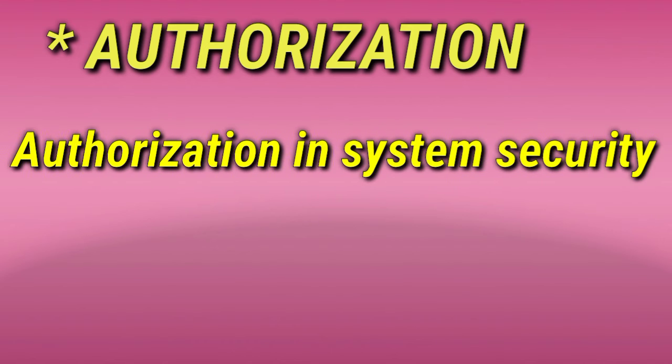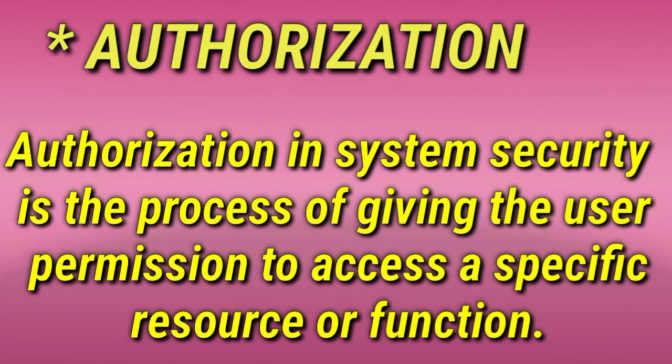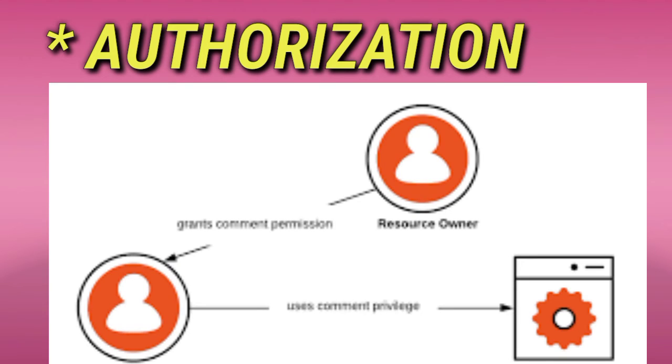Up next is authorization. Authorization in system security is the process of giving the user permission to access a specific resource or function, like giving someone permission to download a particular file on a server, or providing individual users with administrative access to an application.